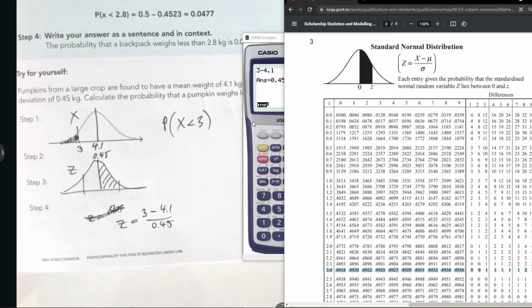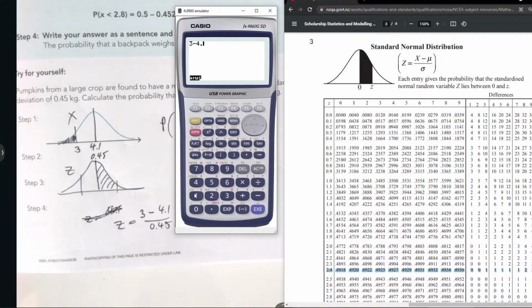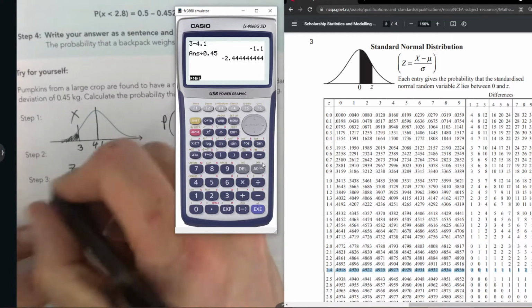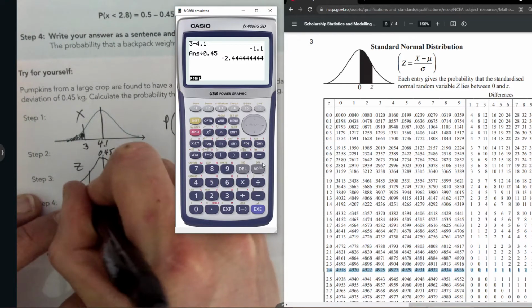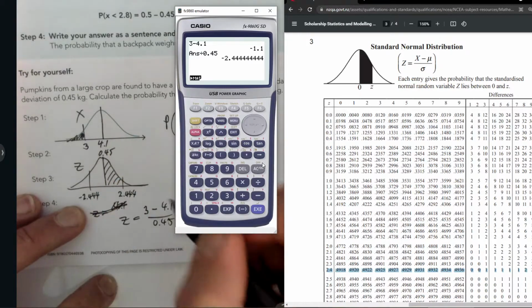No, it's not a nice number. Calculator. 3 minus 4.1 divided by 0.45 is negative 2.444. So that means this is negative 2.444.